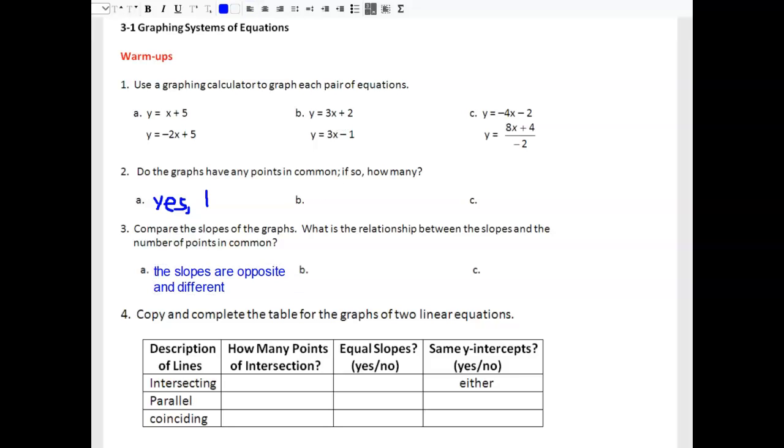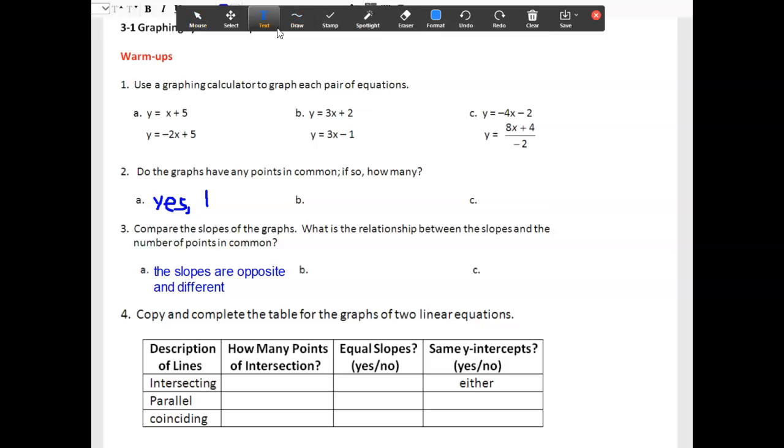The answer is no. And what is the relationship between the slopes and the number of points? In this case, the slope is the same.